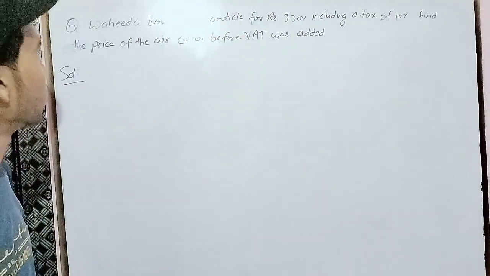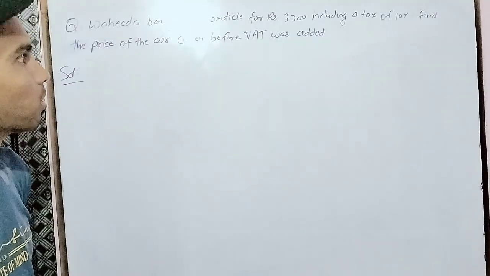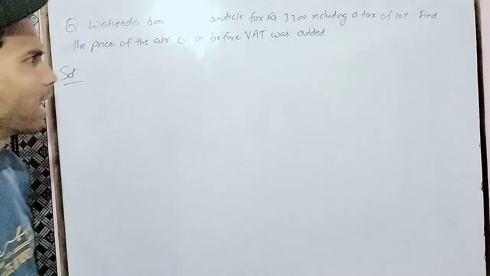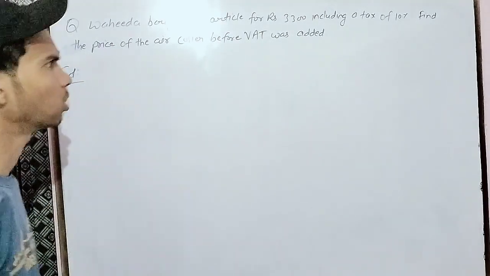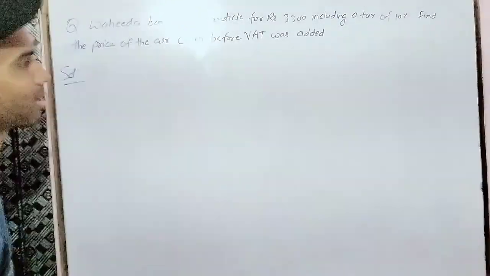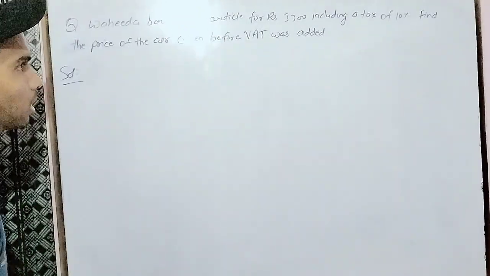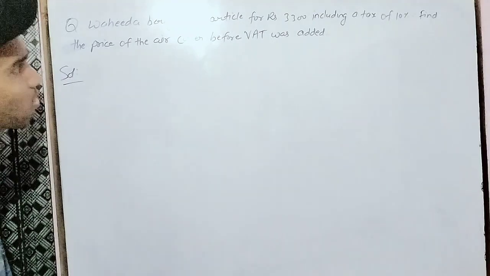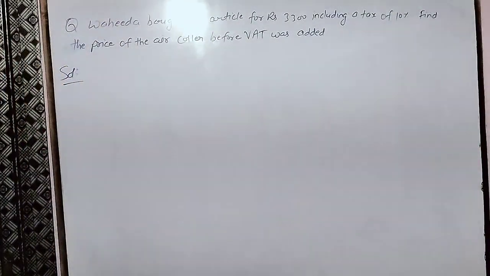This article is an air cooler. So before GST or value added tax was included, what is the selling price, which is the bill amount? This is what is to find. Vahida bought an article for 3,300 rupees. Tax is 10%. Clear?